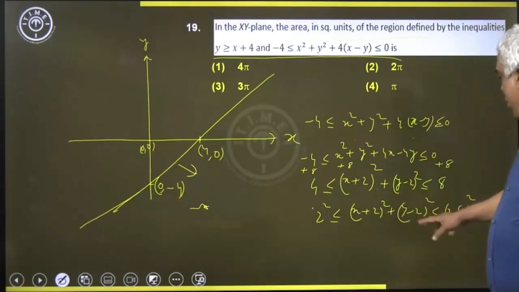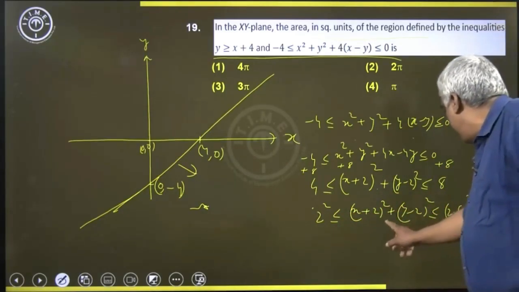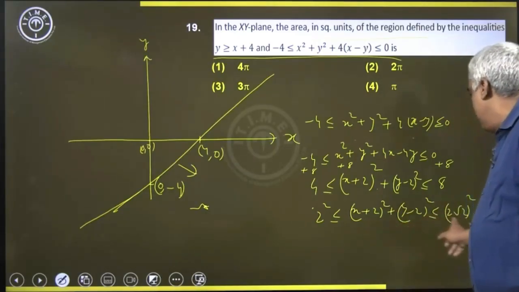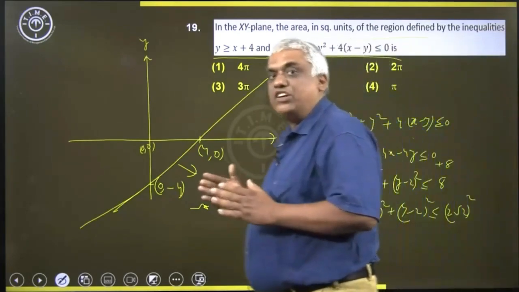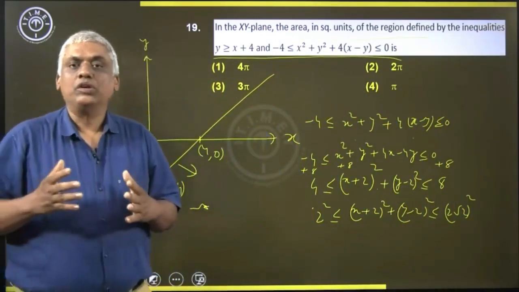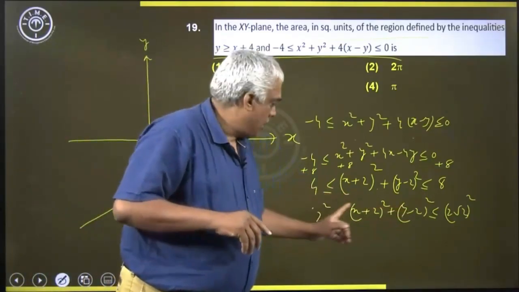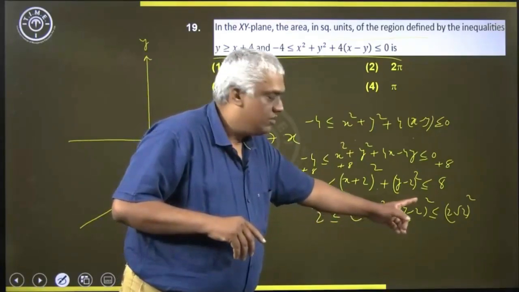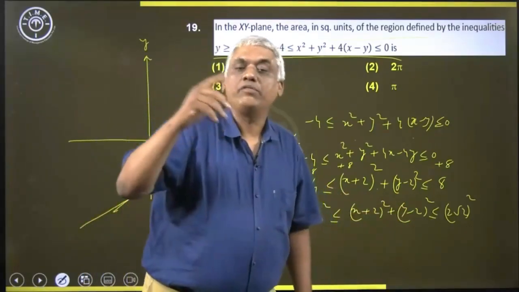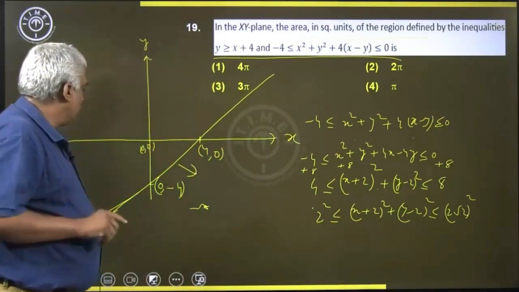And the other is a circle with center minus 2 comma 2 and radius 2 root 2. So basically our region is between two circles having the same center minus 2 comma 2, one with radius 2 and the other with radius 2 root 2. So we basically have this region as the ring between the two circles, right.